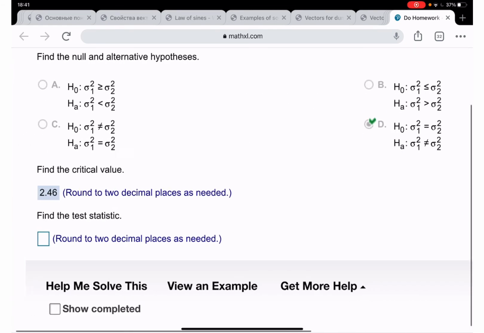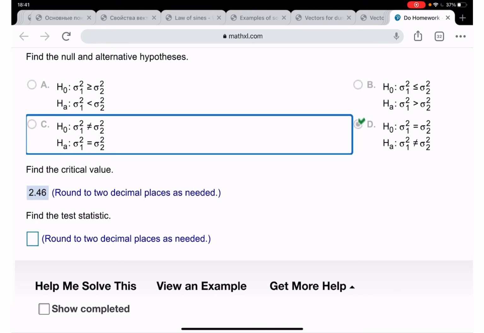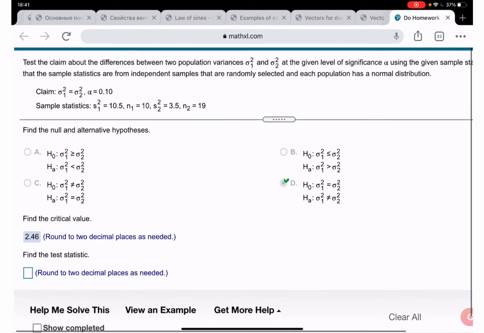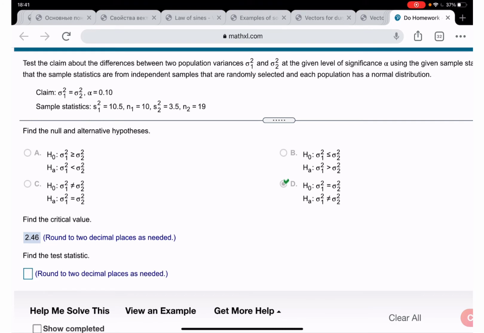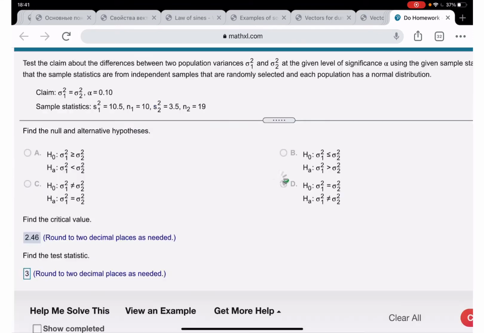And do we have anything else? Now, test statistic. Okay, we know what to do with this one. So let me grab my calculator. 10.5 divided by 3.5, and I'm getting precisely 3. This time it's going to be a different story.